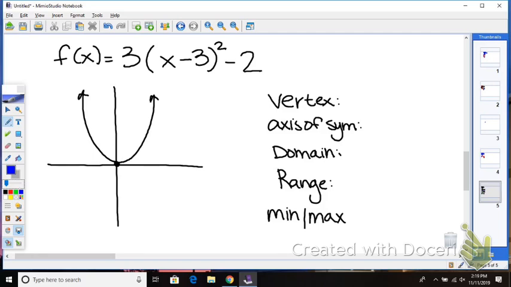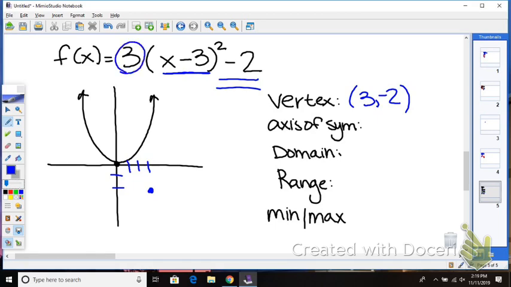Okay, what does this minus 3 in here tell me to do? To the right 3. And what does this minus 2 outside tell me to do? Down 2. So what is my new vertex? 3, negative 2. So on vertex, you would write 3, comma, negative 2. Then what does this 3 out front tell us?